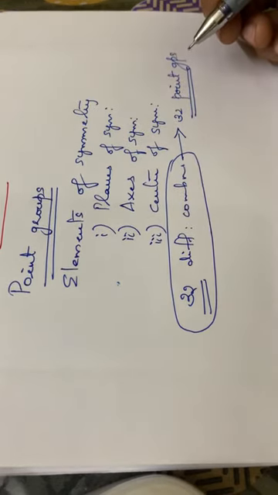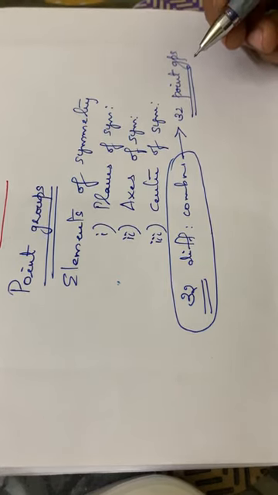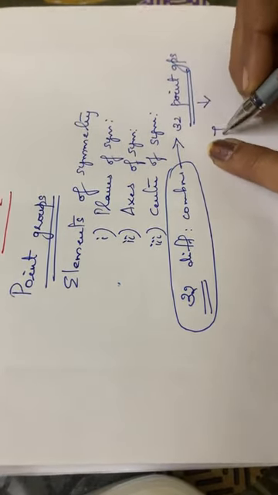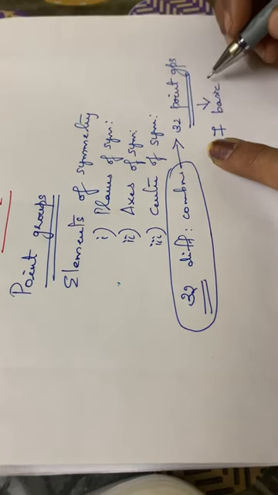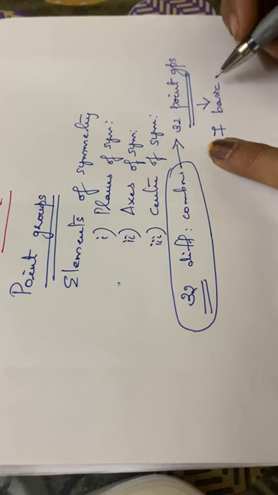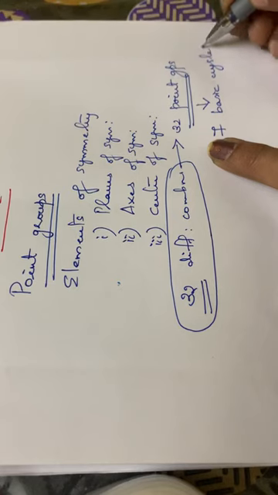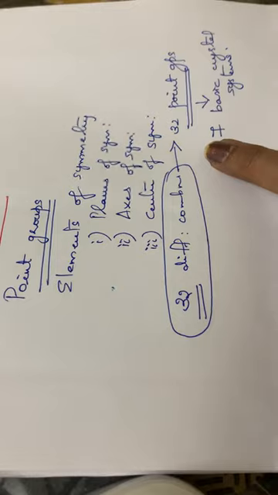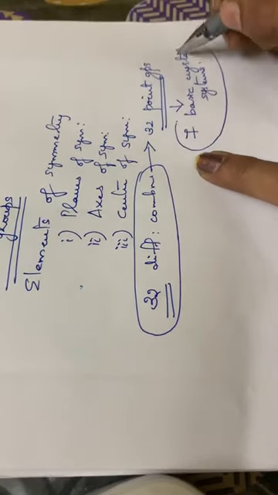Based on these different combinations, these 32 point groups, we can group them together into 7 basic crystal systems. Based on some different characteristic features, they are grouped into 7 basic crystal systems, so that the study of these crystal systems will be easy.